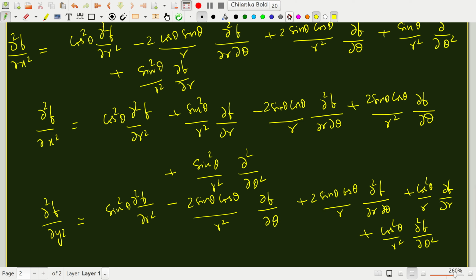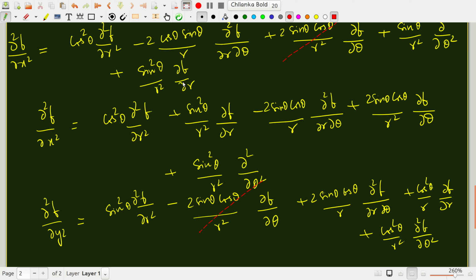Now, let's strike off terms that are cancelling out. So this is minus 2 sine theta cos theta by r squared df d theta, so plus 2 sine theta. So this goes with this, cancels. Now, in the same way, this is minus 2 cos theta.